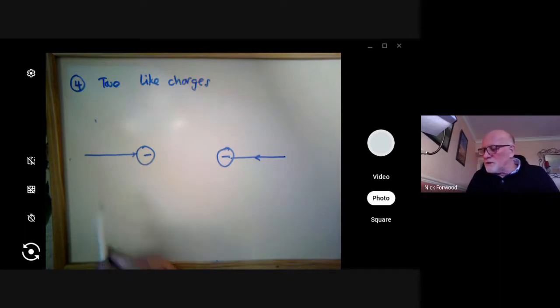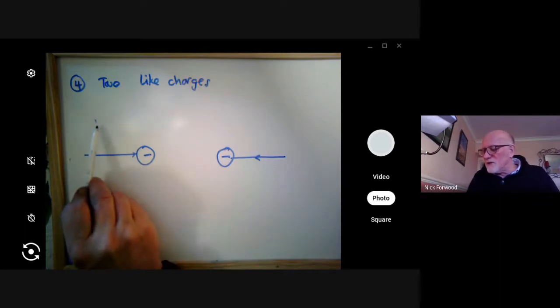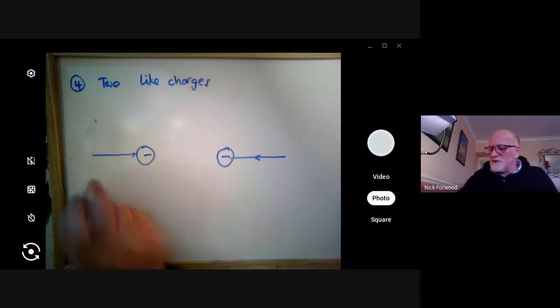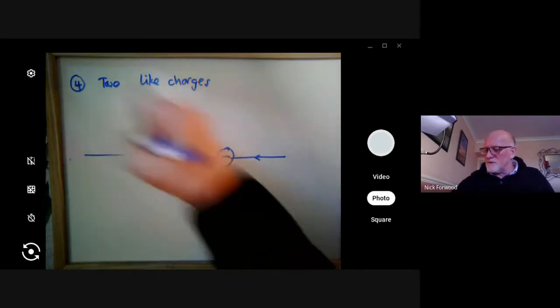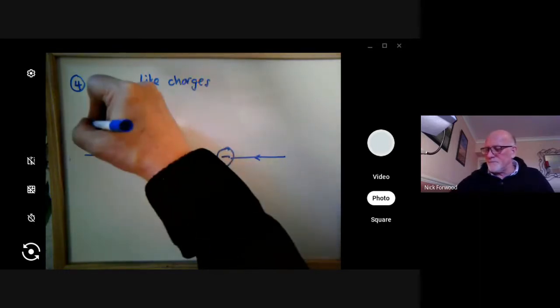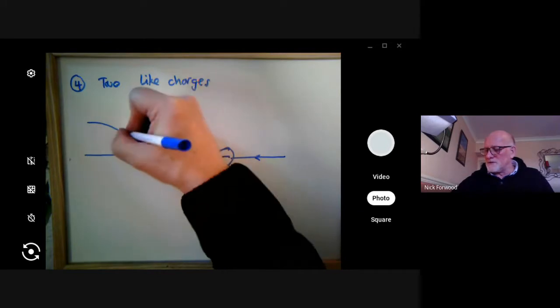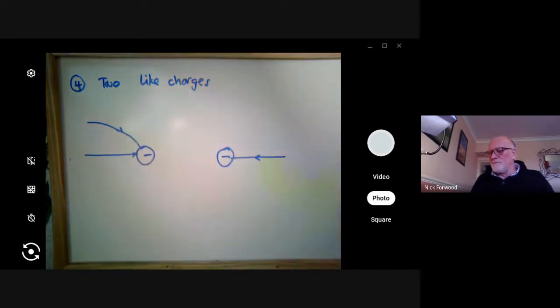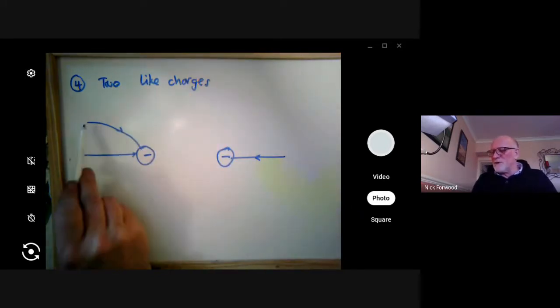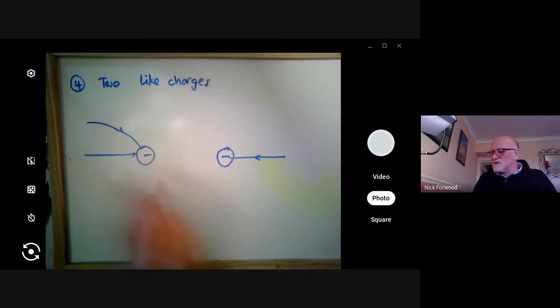What about one that starts out here? It's going to actually follow a curved path, and it's going to go in like that. Okay, it might start off going in a straight line, but it's actually feeling a bit of force. It's feeling more from this one because it's closer, and a little bit from that one.